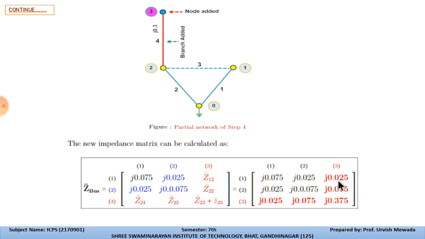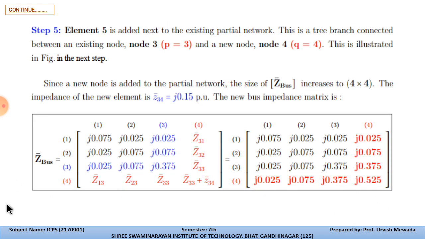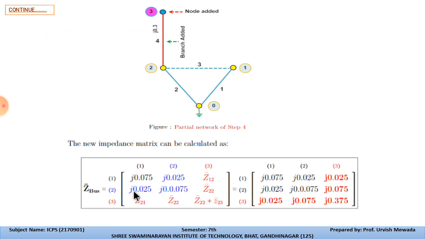So put this value 0.025 over here, so this will become the same, Z21, and Z22 will become 0.075, and this is the Z22 plus Z23. So here from this we can say that this is the new ZBus when the link is added to the reference bus. So this is the means reference bus. So we have only 3 nodes, 1 2 and 3, that's why this matrix is 3 by 3.